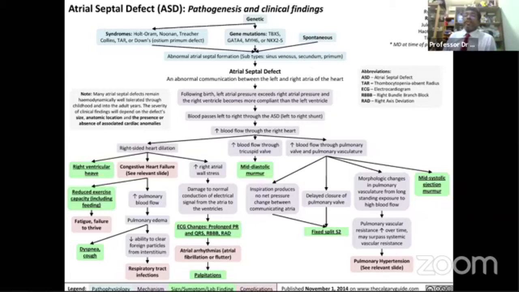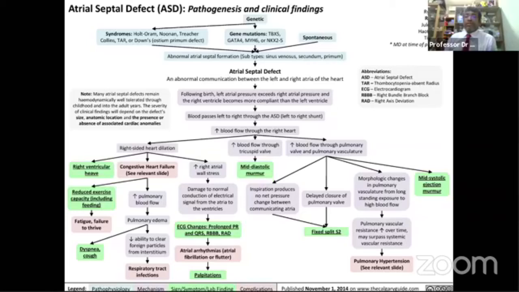Treatment depends on the type of ASD and the size of ASD also. If there is a secundum type of ASD, this is the most common type, around 80% of ASD. This variety we can treat by device therapy.